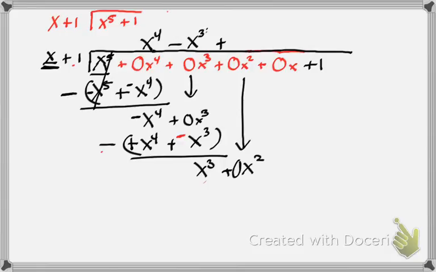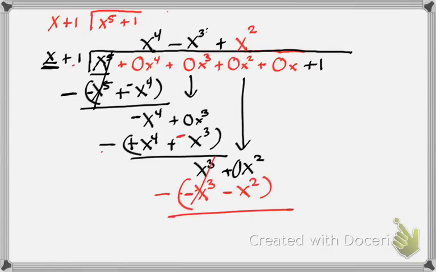I'm bringing this down. x times what is x squared times that, it's x to the 3rd. Now x squared times it's x squared, but I'm subtracting. That makes that negative. So these cancel, and now I'm left with negative x squared, right?